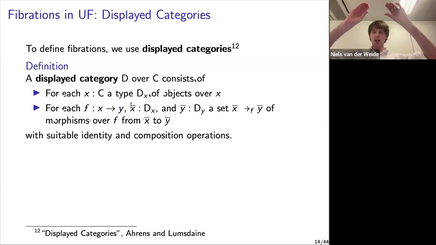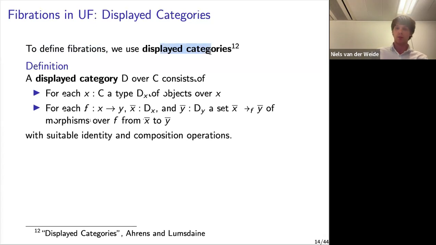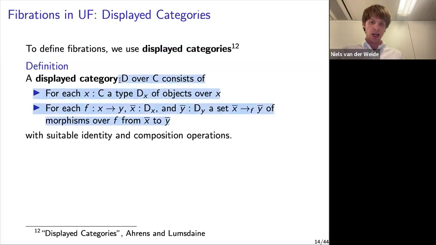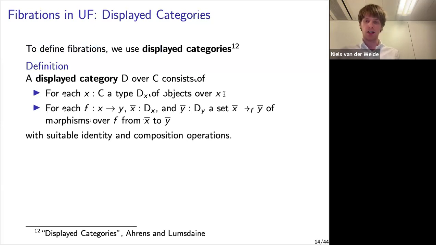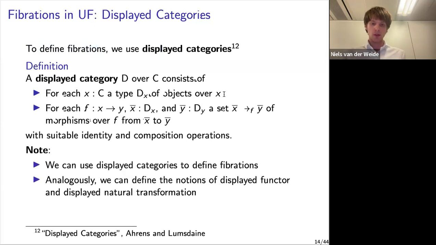So these are the ones that are mapped to this given f. And we can basically phrase the notion of fibration almost verbatim using displayed categories, and that gives us a nice way to represent fibrations in a proof assistant and in univalent foundations. And displayed categories have also found many other applications, ranging from modular constructions of categories and other things. So this is an important notion.